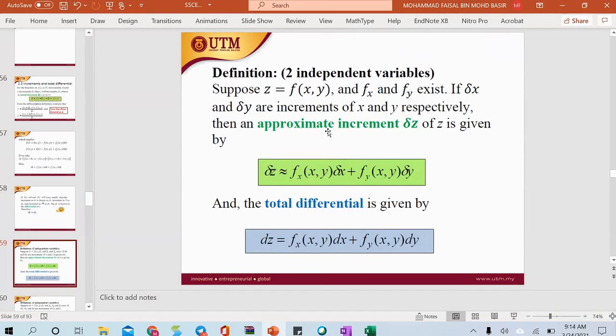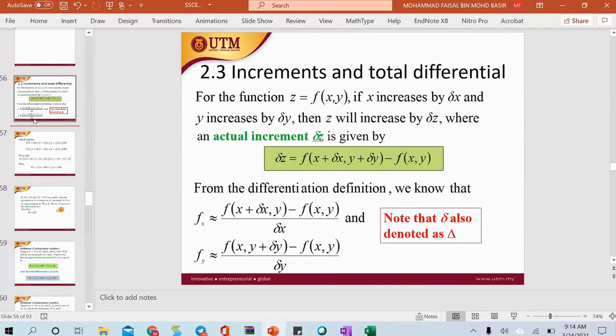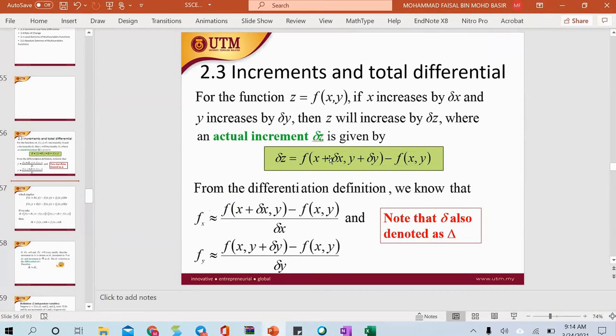So approximate, not actual. Last time I said actual, right? No, this is approximate. The total differential will be fx dx plus fy dy. They just differ in delta and d only. And for the actual, it is this. Okay, you will be confused.